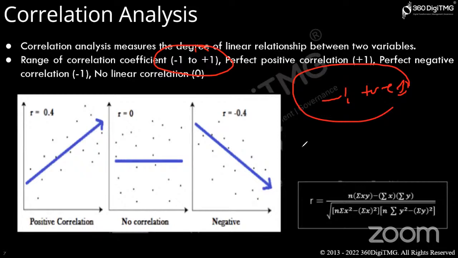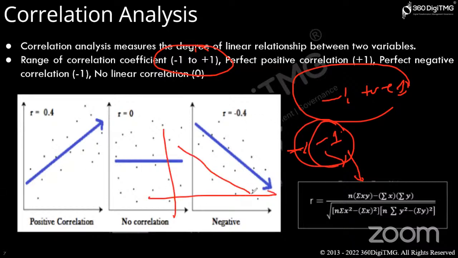Whenever the correlation value is -1, you can say it is strongly correlated, but in a negative way. Whenever you have the positive value 1, you can say strongly correlated in a positive way.